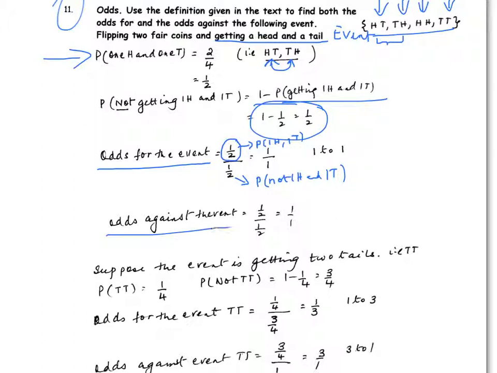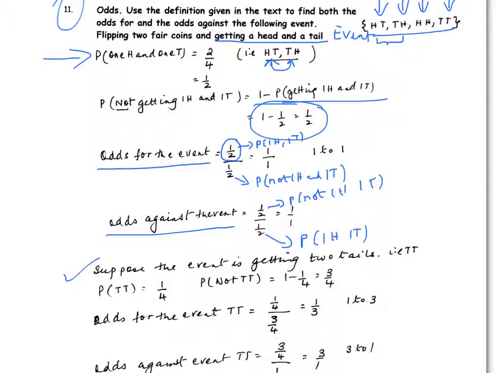Nothing changes if we take the reciprocal of that fraction. So odds against the event would be the probability of not getting one head, one tail, divided by the probability of getting one head, one tail. Half over half is 1 over 1. In this case, both were equal to 1 over 1.